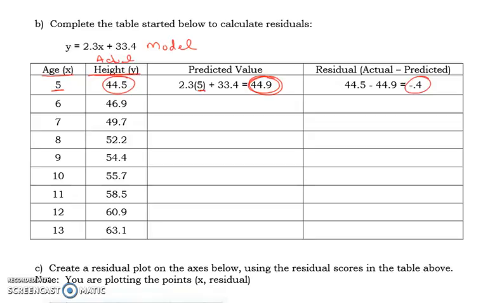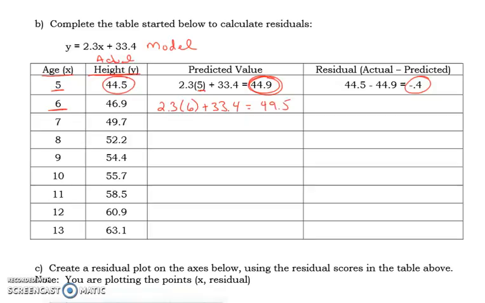So now I need to complete the chart. I'm going to do one more with you, and then you can fill in the rest of the chart. I need a predicted value for when x is equal to 6. So I substitute 6 into the model for x. I throw that into my graphing calculator, and I get 49.5.